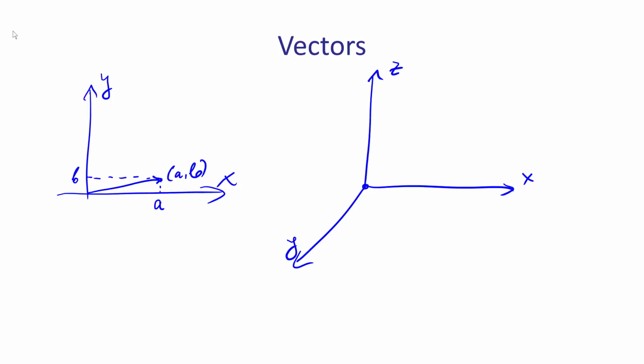And then you start at origin, and you have some specific vector, which gets here. So this is A, B, C coordinate, which means that here you have A, here you have B, and this one is C.